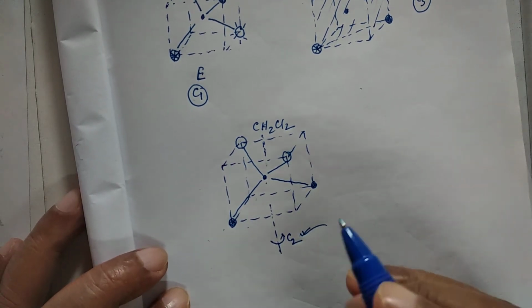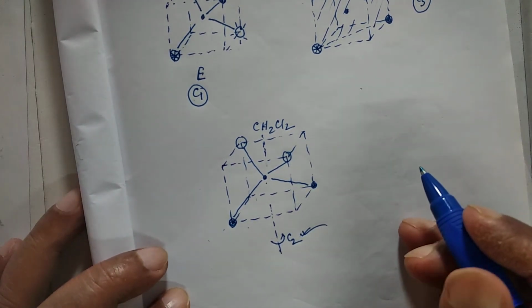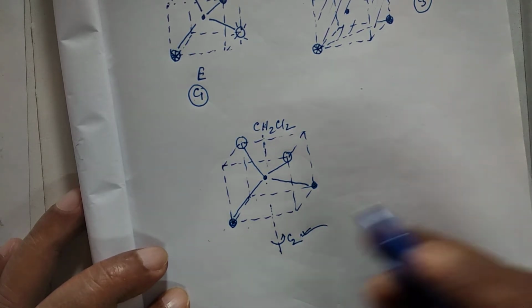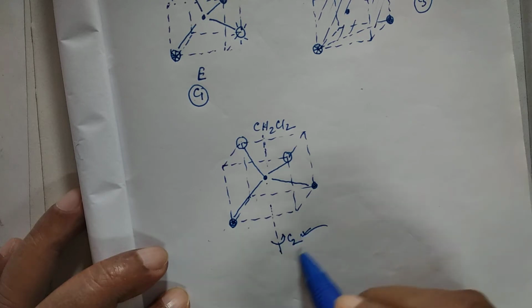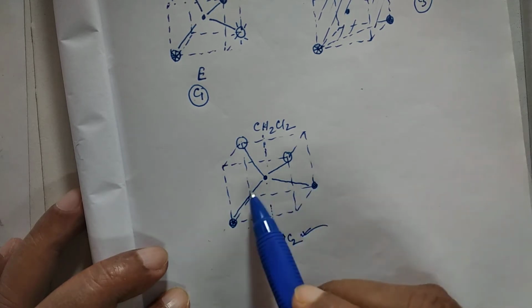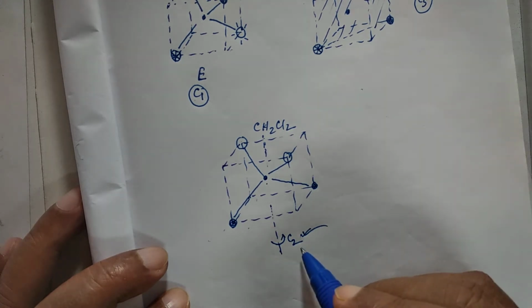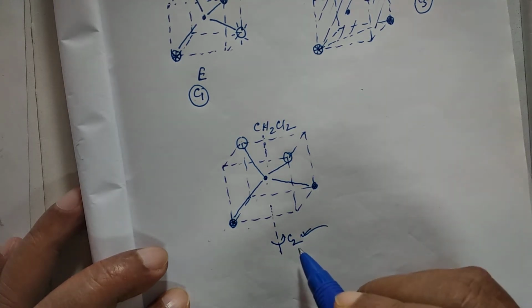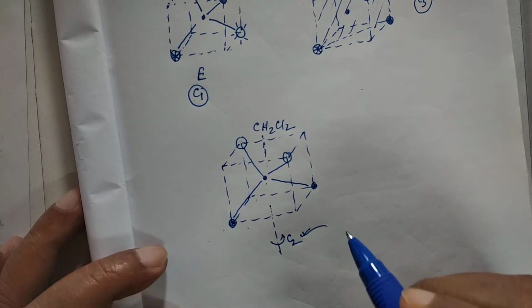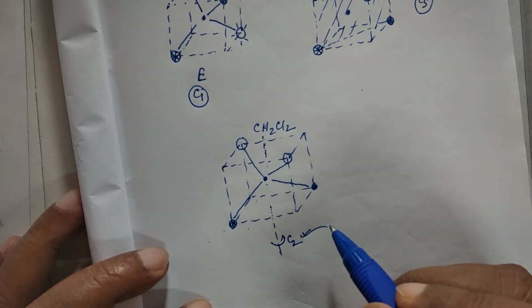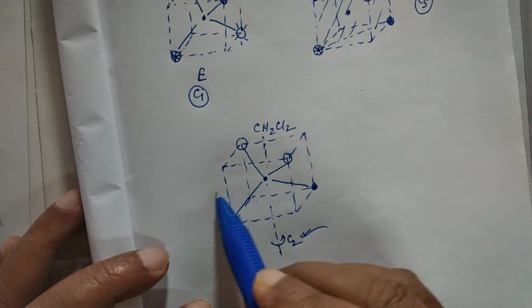Next question is, are there 2 more C2 axes perpendicular to this C2? No, there is no other C2 axis. Therefore, it is of C type, not of D type. Next question is, is there any plane of symmetry perpendicular to this C2 axis?